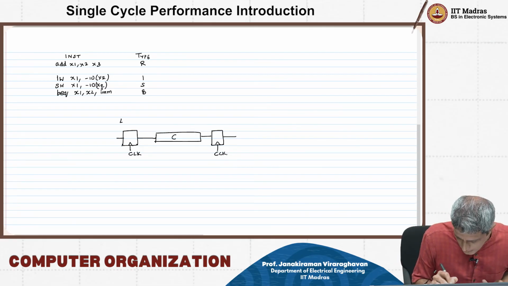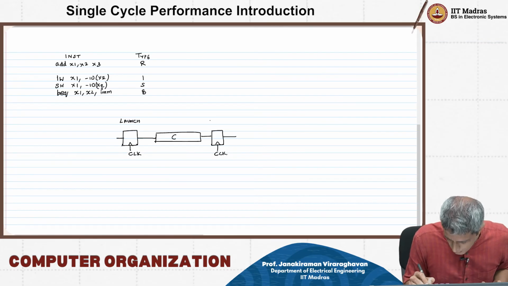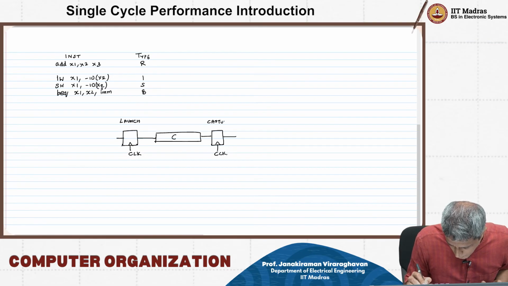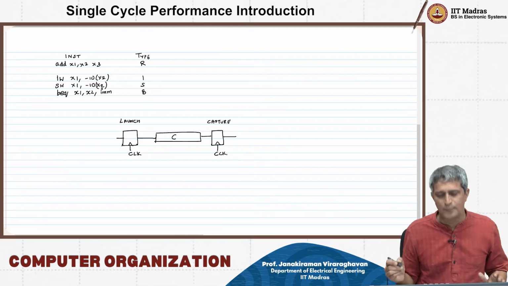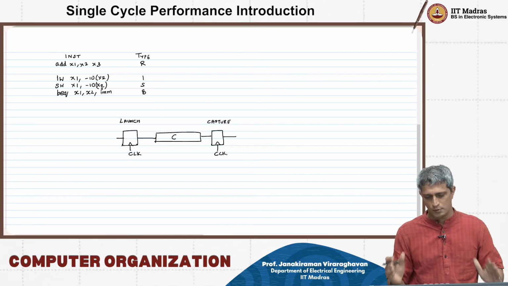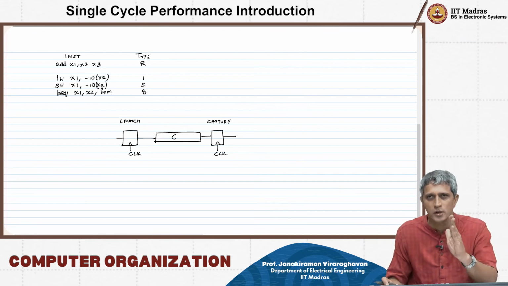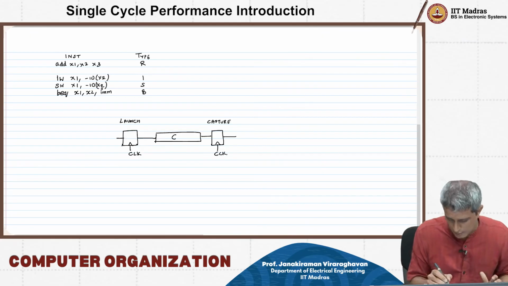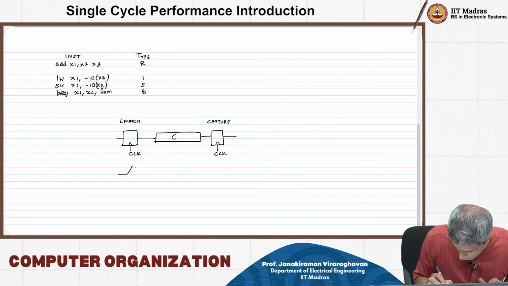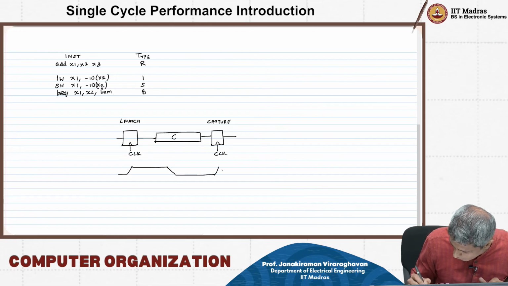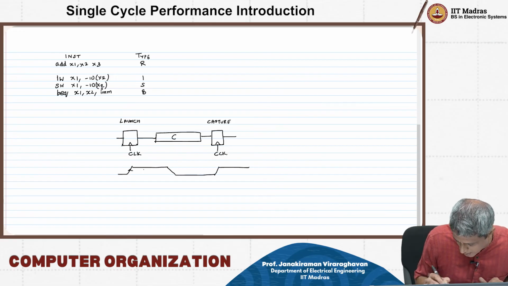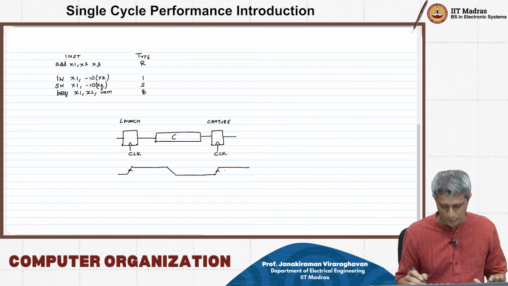In some sense, this was the launch flip-flop and this was the capture flip-flop that was basically going to capture the data. The launch flip-flop launches the data, and the capture flip-flop has to capture this data appropriately.